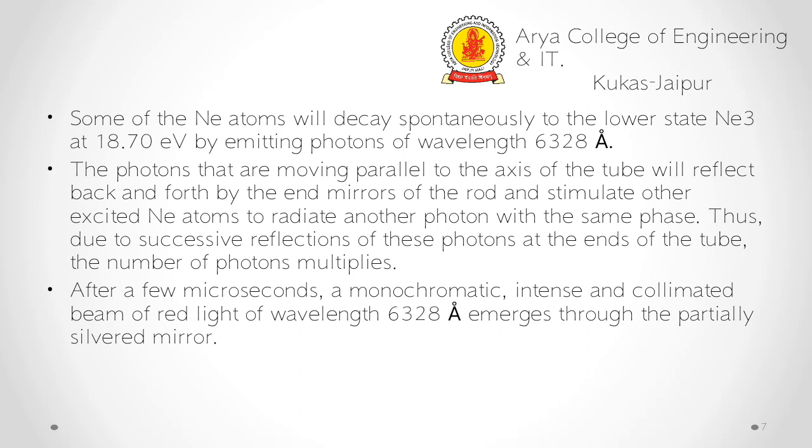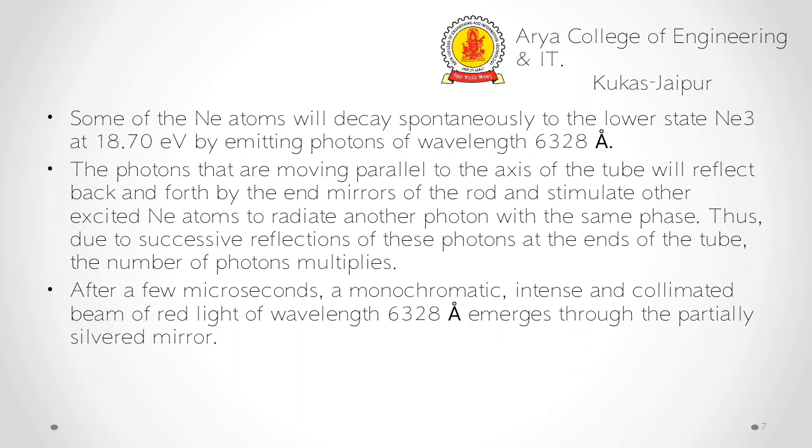The photons that are moving parallel to the axis of the tube will reflect back and forth by the end mirrors of the tube and stimulate other excited neon atoms to radiate another photon with the same phase.